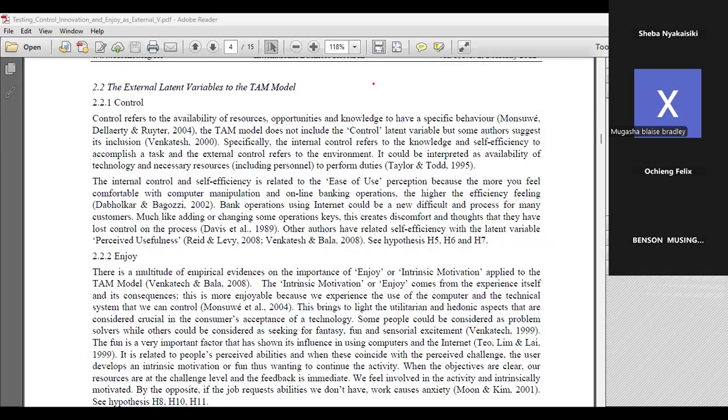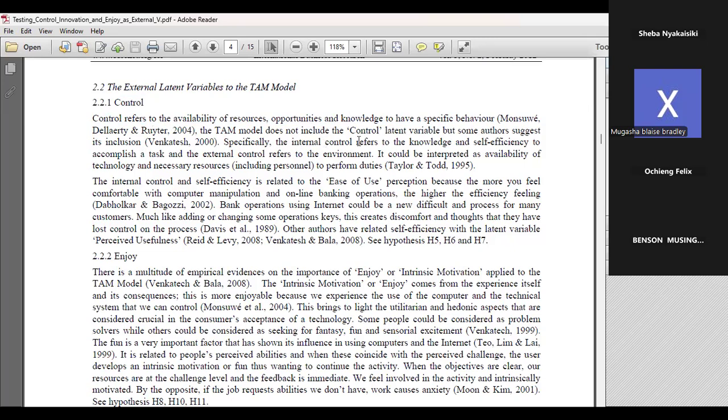So we start with some of the conceptual variables, they talk about control. They say here, control refers to the availability of resources, opportunities, and knowledge to have a specific behavior. The TAM model does not include control, but some authors suggest its inclusion.